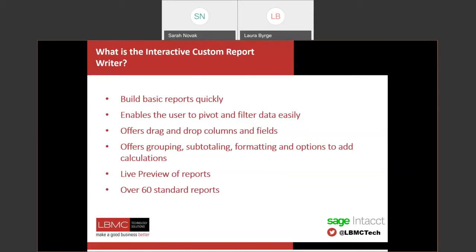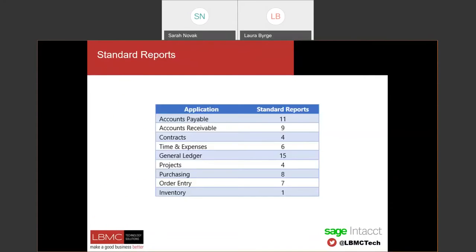The thing about ICRW that's very beneficial is you receive a live preview of the reports as you're building them. So when you add information and data in, you can see what that does to your report, how the information is pulled in, and how it's structured. There are currently over 60 standard reports in ICRW. And here's the latest list that we have.